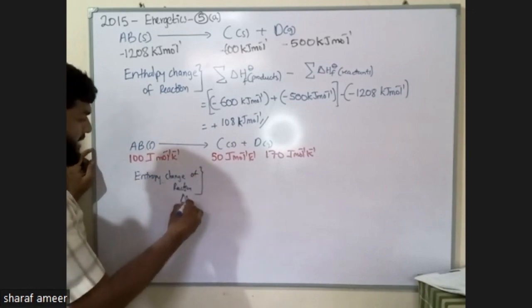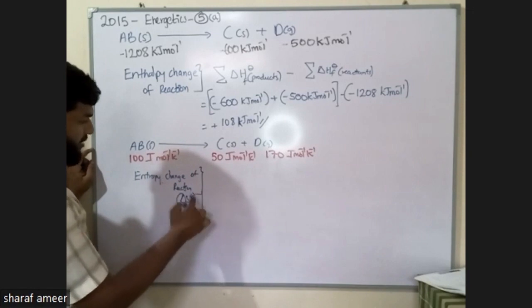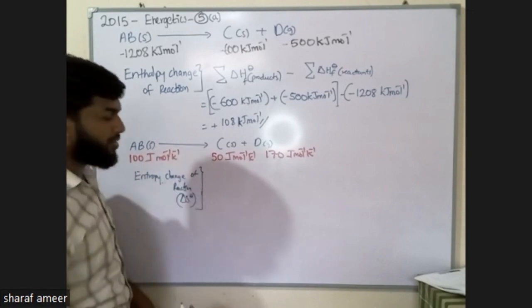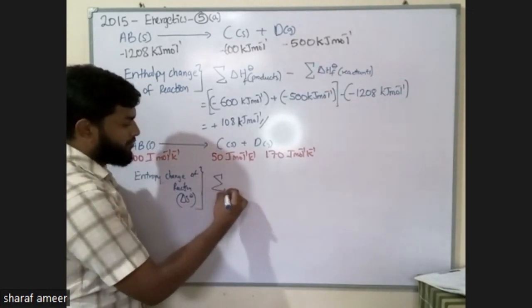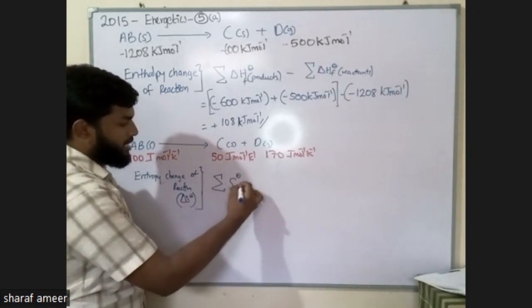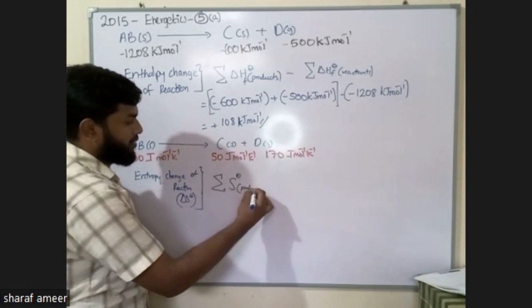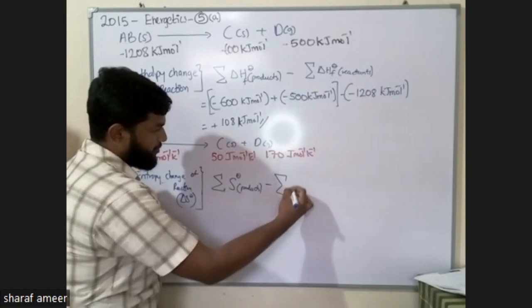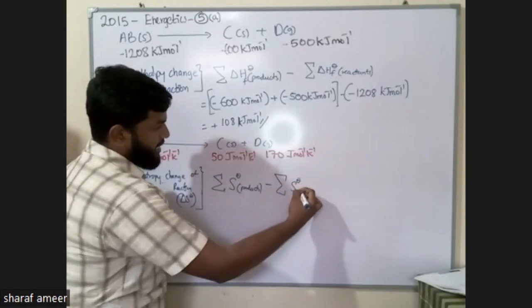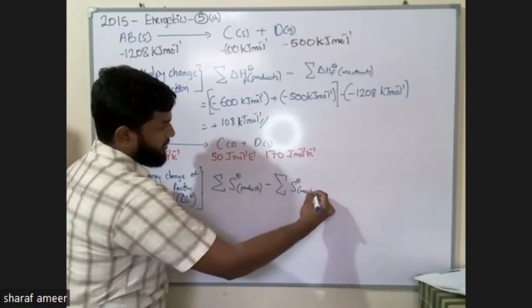Delta S theta is going to be equal to the summation of S theta products minus the summation of S theta reactants.